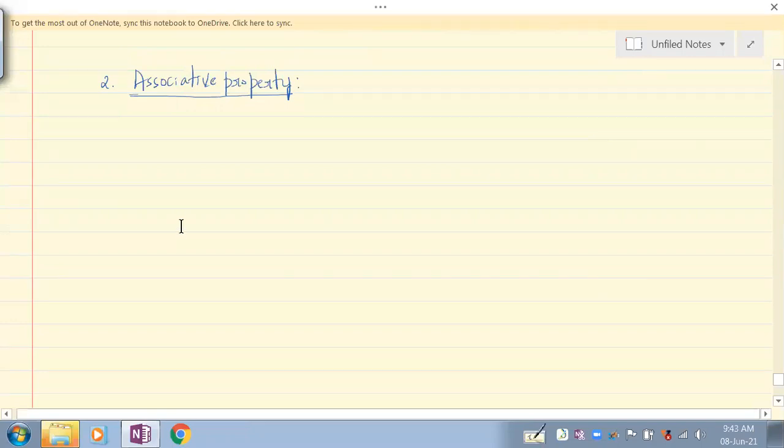Now everybody take down this: x of n convolution h1 of n, and this convolution sum is being convolved with h2 of n. Whether you do this or you do this, both are the same.